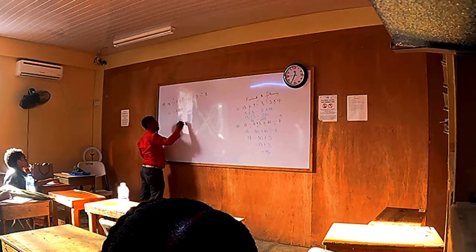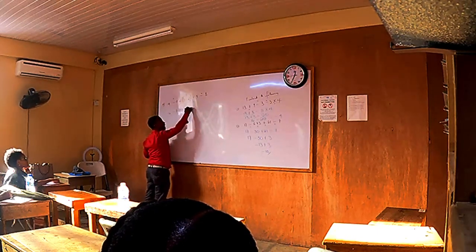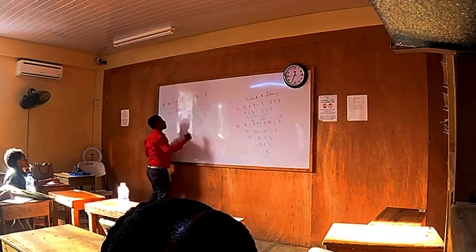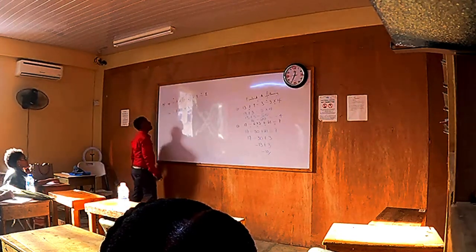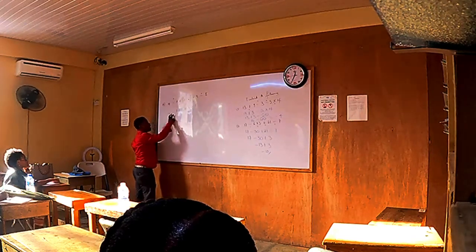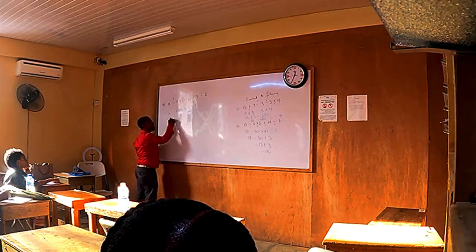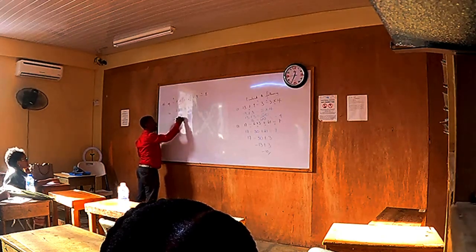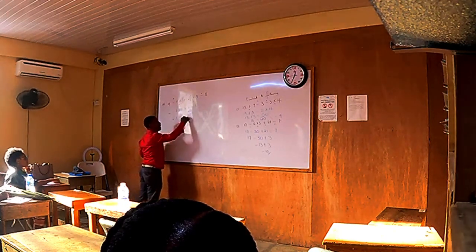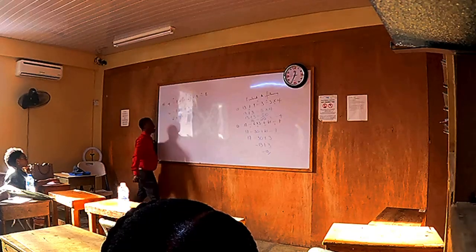So 3 goes here, multiplied by 3, take away 8. So our parentheses is gone. Number 2 is our division. So 14 divided by 7 is 2. 2 plus 3 times 3 minus 8.